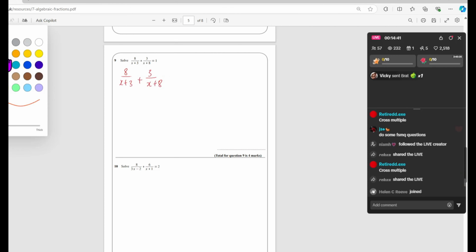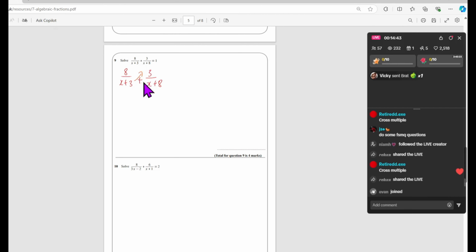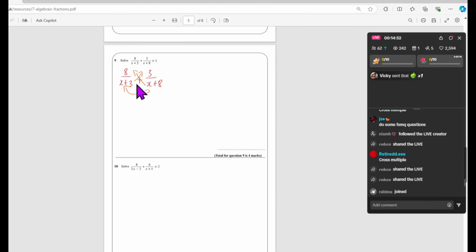The first thing we're going to do is cross multiply. We're not going to actually multiply it out, we're going to put it in brackets and expand it in the end, okay?